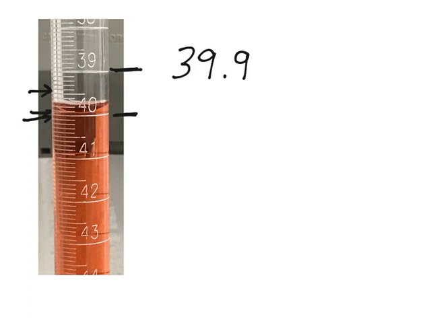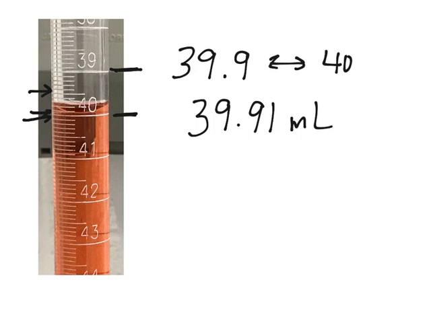We know for a fact it's between 39.9 and 40. So since we have not yet estimated a digit, we get to estimate one more digit. And since this meniscus is only a little bit below that 39.9, I feel comfortable saying this reading is 39.91 milliliters.